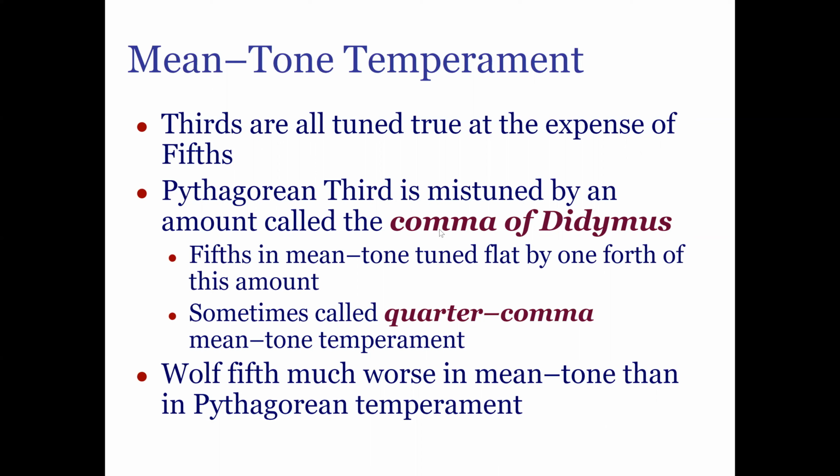So you take that mistuning, you split it into 4, and you tune all the fifths flat by that quarter of that mistuning. What this ends up doing is it makes the fifths flat from what you're used to hearing, but it makes sure that the thirds are tuned exactly. It's just a tuning compromise that you make because you want to hear thirds and you don't care if the fifths sound right.